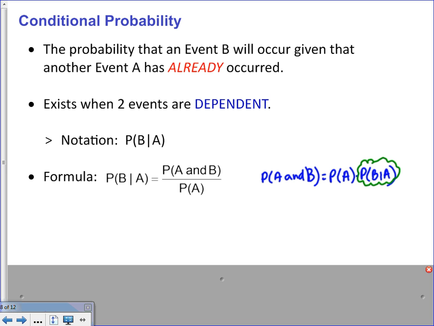If it's being multiplied by the probability of A, then I should divide by the probability of A. So that's where this formula is coming from. It's the same formula as before, it's just saying if we knew the conditional probability or we wanted to find the conditional probability, let's divide.